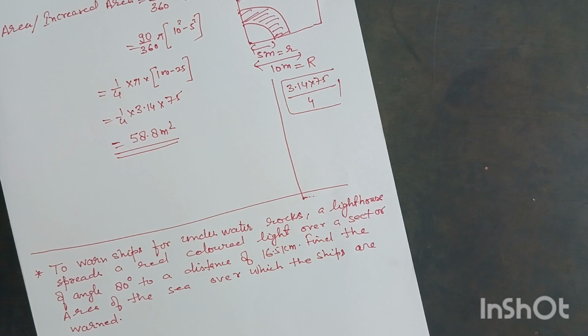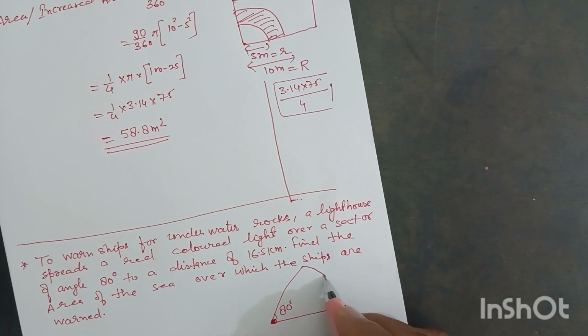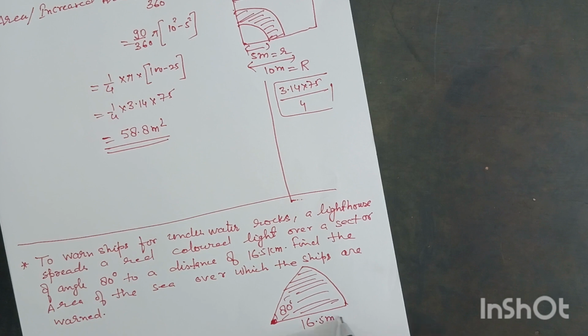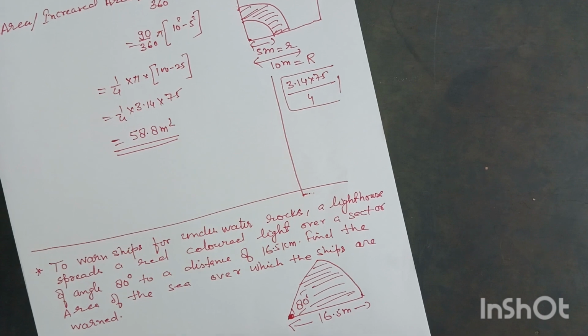Now, in this question, this is the lighthouse, and this is spreading a light at an angle of 80 degree. So this part will be the area where ships can be warned. So this is the area of the sector, and the length to which the rays are reaching, that light is reaching, will work as the radius.